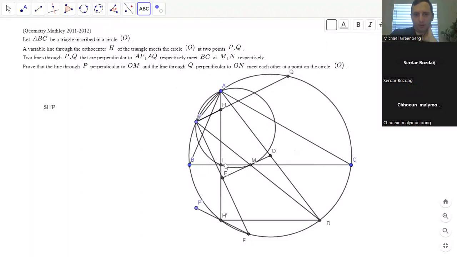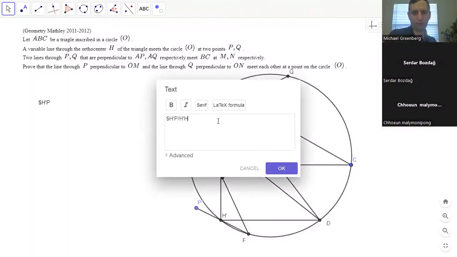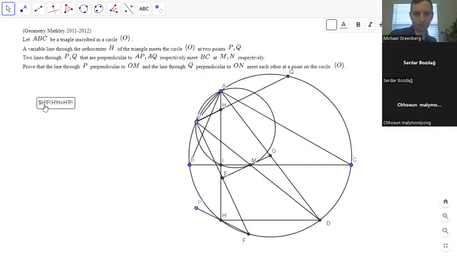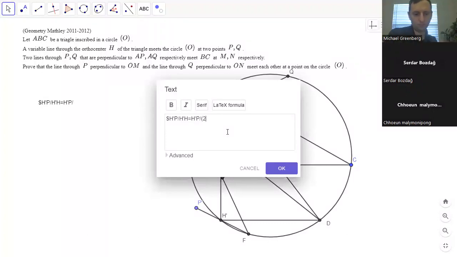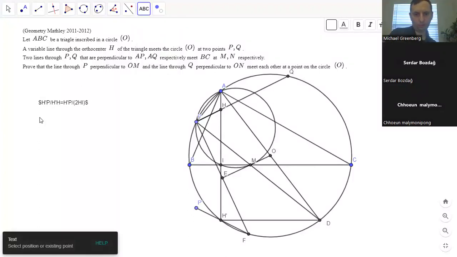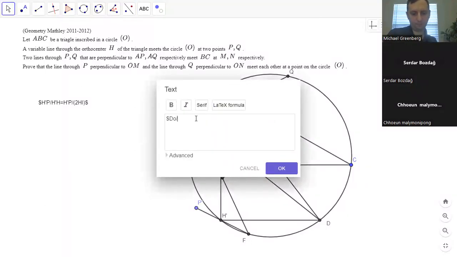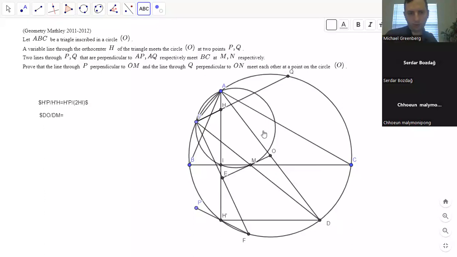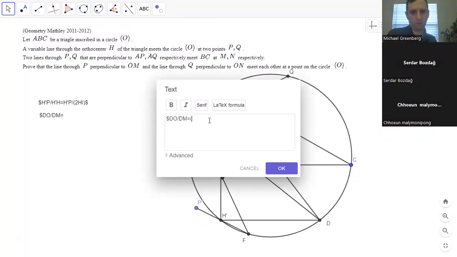If you divide H prime H by 2 and multiply DO by 2, H prime P over H prime H is equal to H prime P over 2HI. And DO over DM is equal to DA over 2DM.